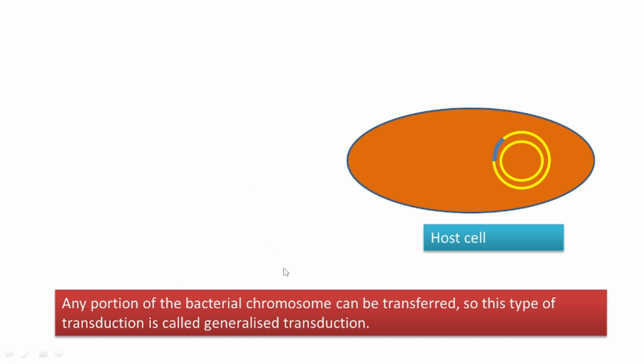In that way, the process is called generalized transduction, because the chance of getting packed in the protein coat is equal for all the fragments. Any portion of the bacterial chromosome can be transferred. So this type of transduction is called generalized transduction. Okay, I hope it is clear to you. Next we are going to see specialized transduction.